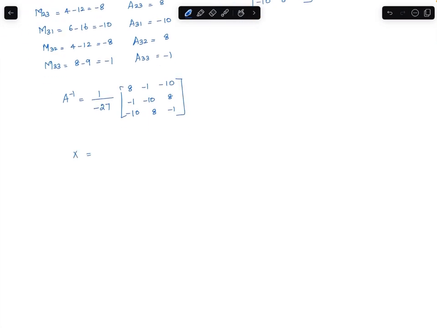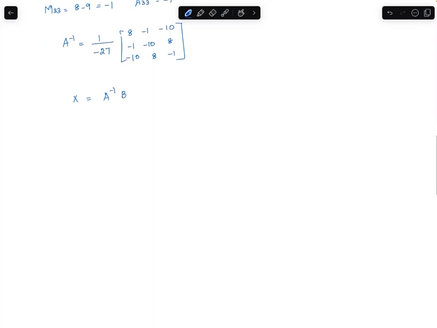X is equal to A inverse times B. A inverse is minus 1 by 27 times 8, minus 1, minus 10, minus 1, minus 10, 8 and minus 10, 8, minus 1, times B, which is 25, 27 and 20.